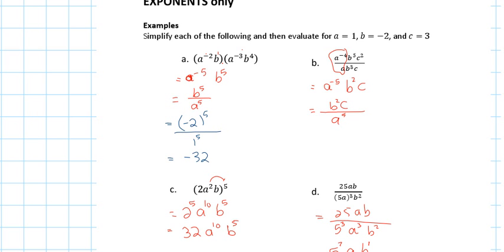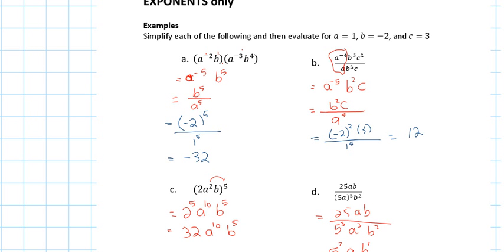Okay, so for this one I have b squared times c over a^5. That's negative 2 squared, times 3 over 1 to the power of 5. So negative 2 squared is positive 4, because an even exponent of a negative gives a positive. Times 3, so that's 12 over 1, which is 12. Why is negative 2 to the power of 5 negative?